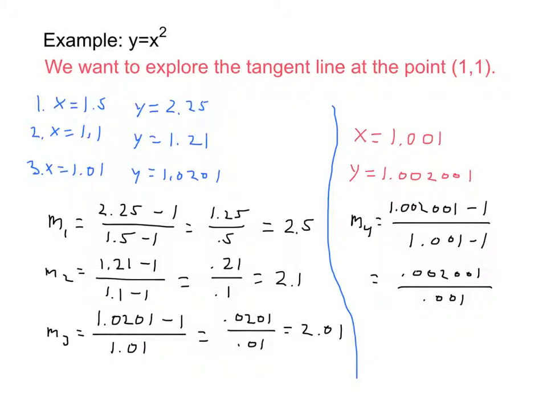And when we actually do that calculation, it comes out to be 2.001. And so we can see that even moving closer, we are continuing to get closer and closer to 2. So I would say that I have enough information to be reasonably certain that the slope of the tangent line of x squared at the point 1, 1 is going to be 2.